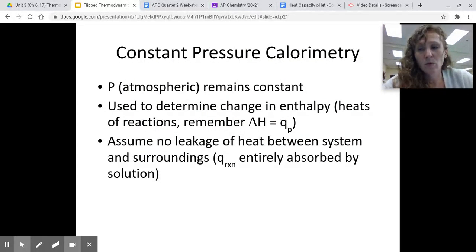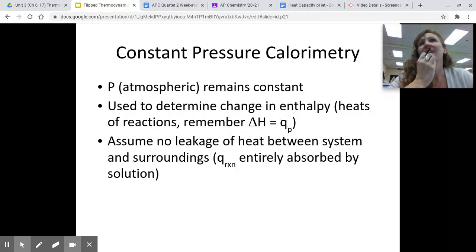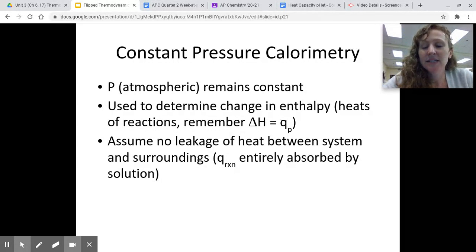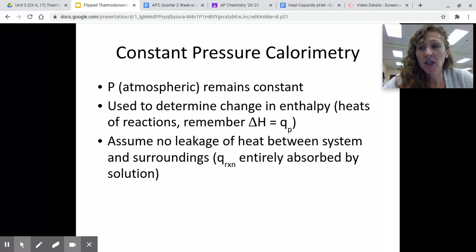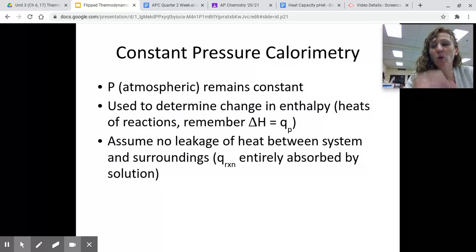Just a couple more concepts. So we have been talking about constant pressure calorimetry, right? That's why we can talk about heat instead of work. Okay, so in order for us to talk about the heat transfer without considering the work, remember a couple conditions have to be met.